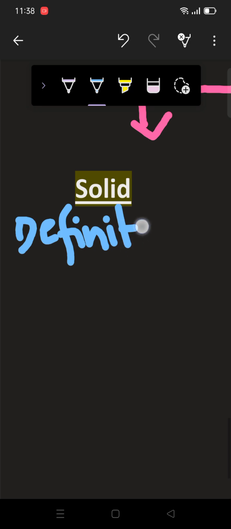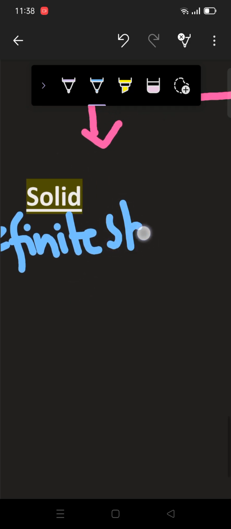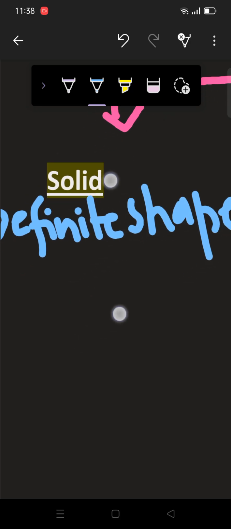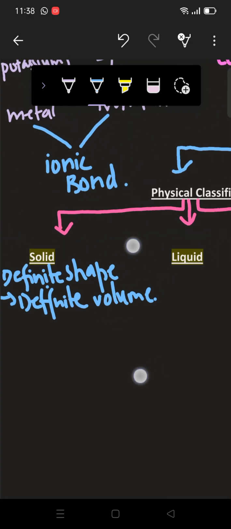Definite shape, as well as definite volume. While talking about liquid, it will not have a definite shape, however it will have a definite volume.